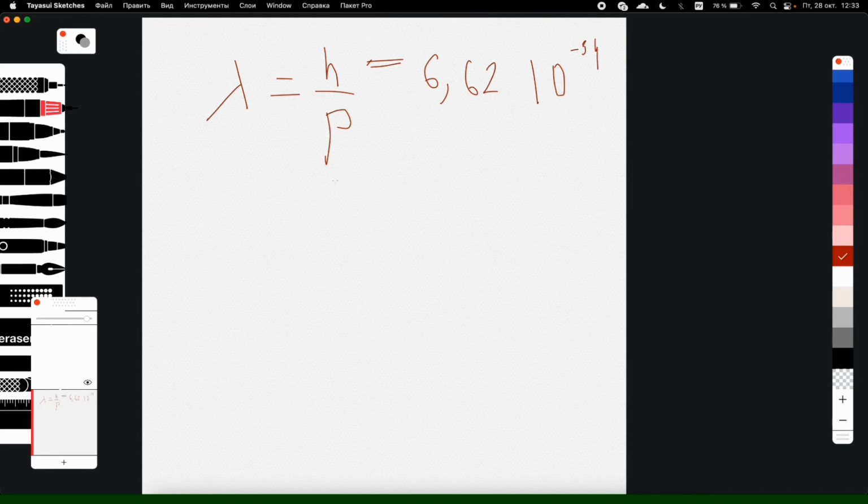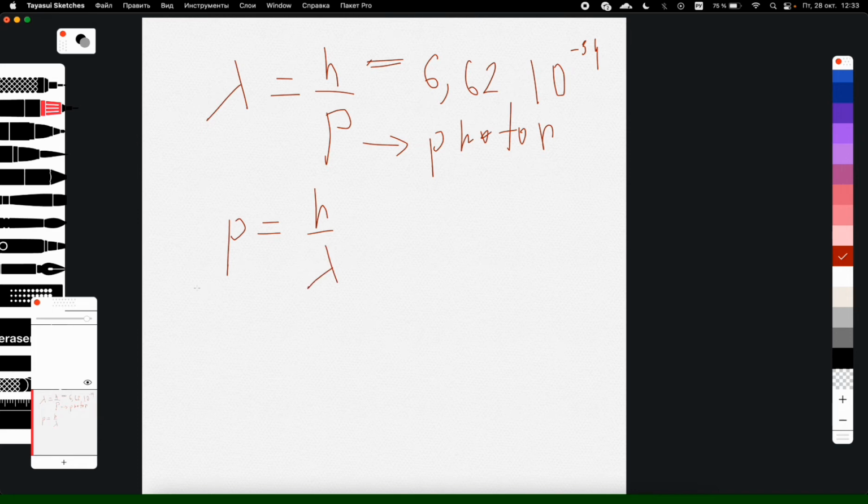And how can we express the momentum of a photon? P photon is equal to h divided by lambda.